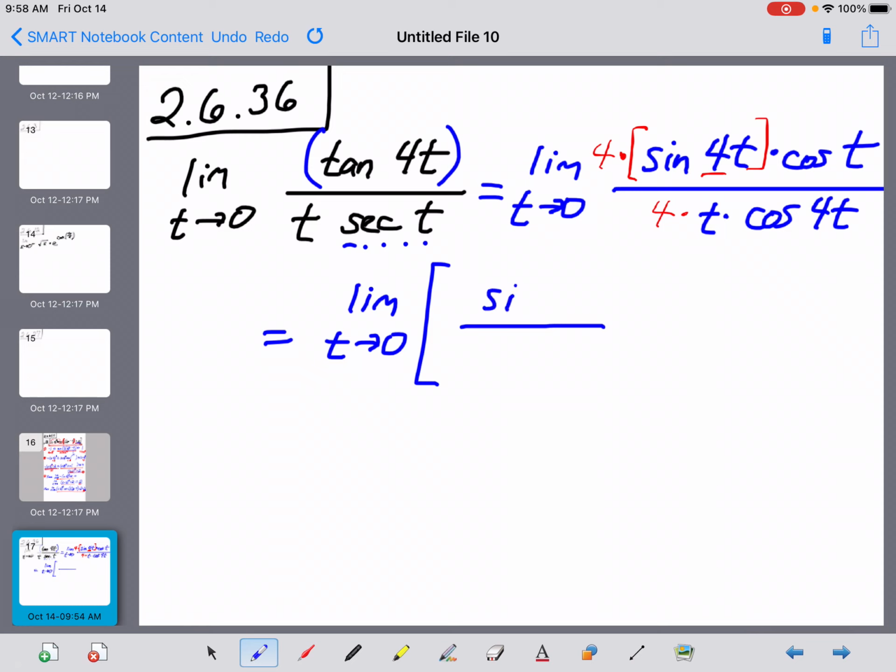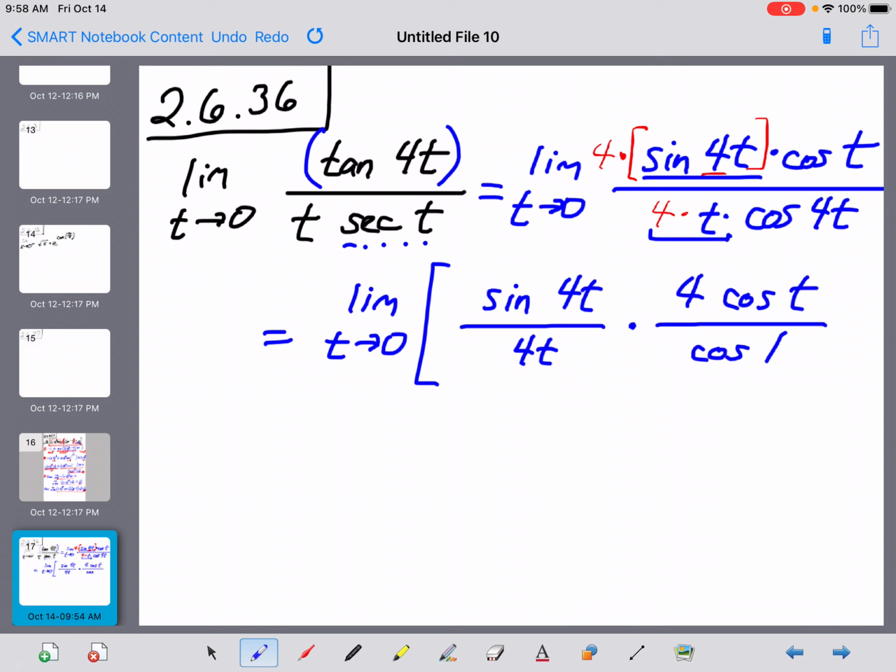We've got the sine of 4t in the numerator, and putting that together with the denominator gives us the 4t that we wanted. Then I multiply that by everything that's left over, which has a 4 out in front, then a cosine of t, and then a cosine of 4t in the denominator. That should take care of everything we had originally.